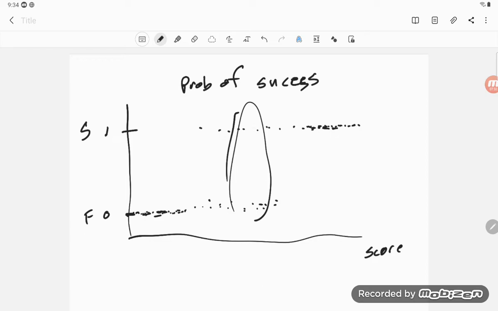And as you look at this, probably the type of curve we're going to see is something kind of like this. Okay, and in math we call that a sigmoidal curve.